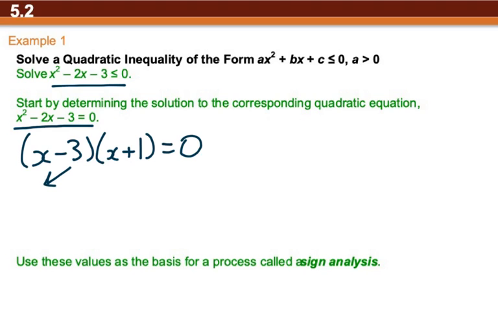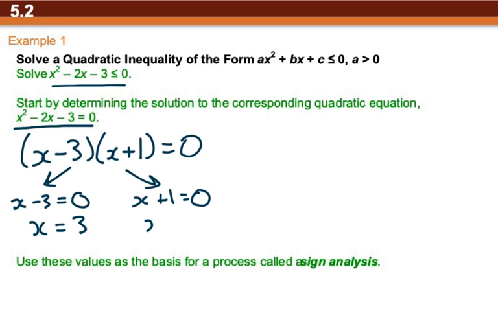Take that, split it, so that we have x minus 3 equals 0 and x plus 1 equals 0. Solving for x on both of those equations, we have x equals 3 and x equals -1. So those two values form the basis of the sign analysis.